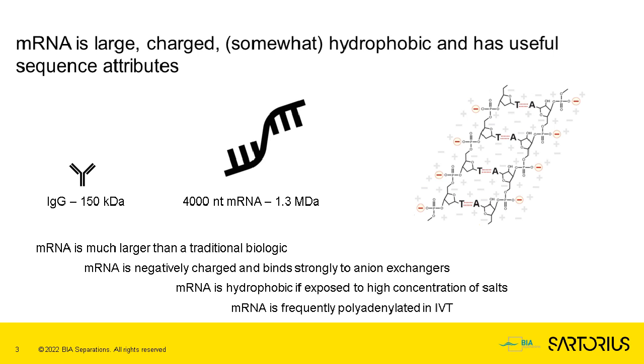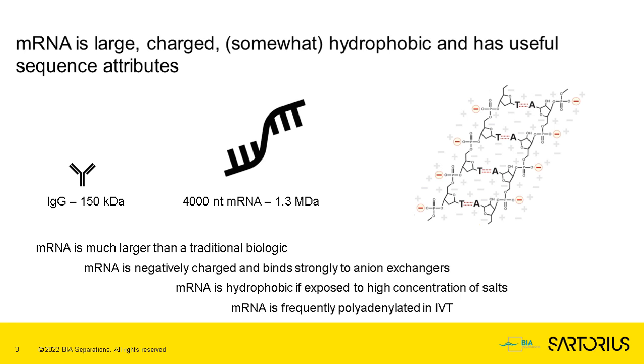And so the very first consideration, which is oftentimes forgotten, is just how large even a small mRNA molecule is compared to standard biologics. If IgGs were considered relatively large back in the day at 150 kilodaltons, the mRNA vaccine, which a lot of the world has been vaccinated with, encoding for the spike protein, well, that is around 1.3 megadaltons large, so nearly 10 times as large as an IgG.